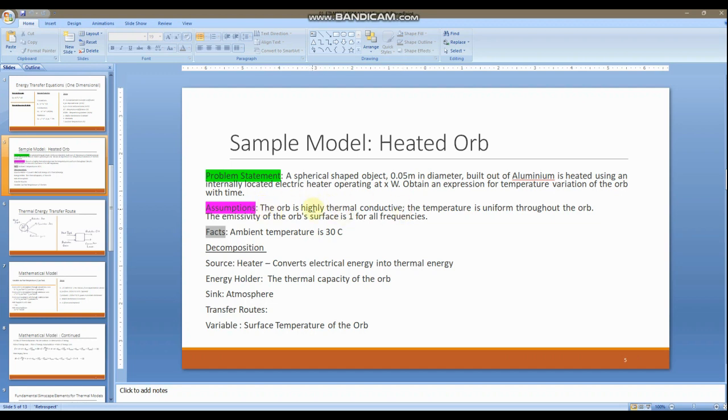If I use this assumption of the orb being an extremely high thermal conductive material, then the resultant of that would be the temperature would be uniform throughout the orb, thus eliminating the need to model the tridimensional temperature distribution. Right? Thereby, we reduce the dimensionality of the problem that we are going to solve.